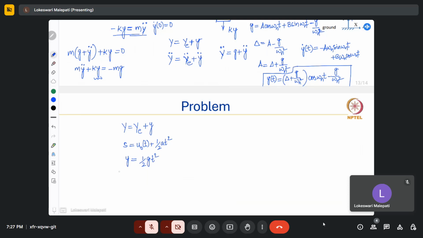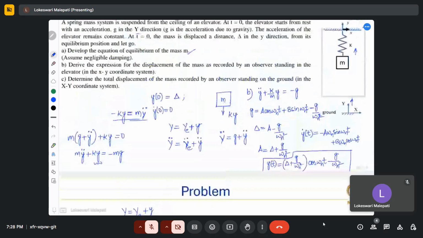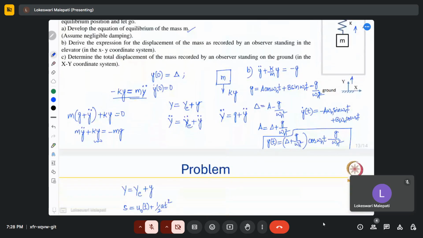Hence, the total displacement of the mass with respect to an observer on the ground would be y is equal to delta plus g by omega n square cos omega n t minus g by omega n square plus half g t square. So this is the total displacement.